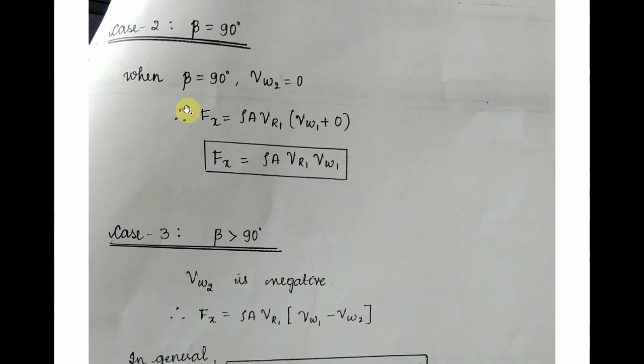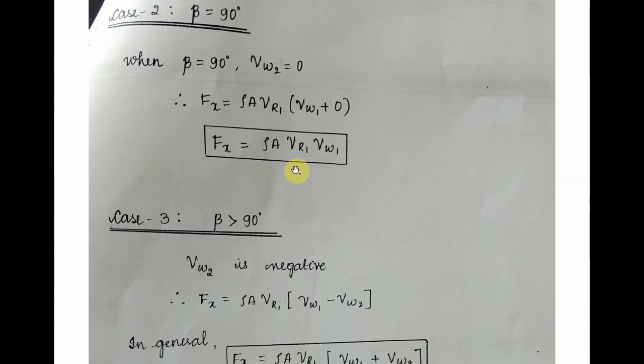So when beta is equal to 90, VW2 is equal to 0. Then force in x direction is equal to rho A into VR1 into VW1 plus 0. Therefore Fx is equal to rho into A into VR1 into VW1.